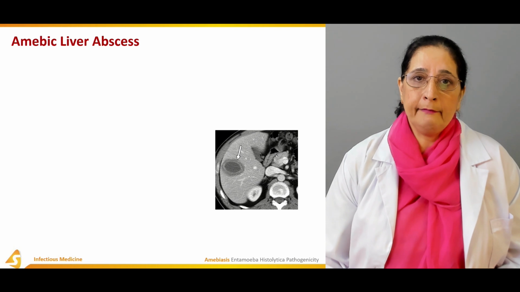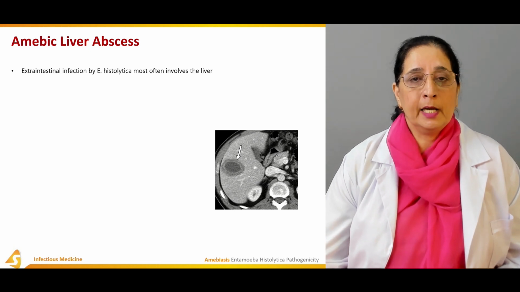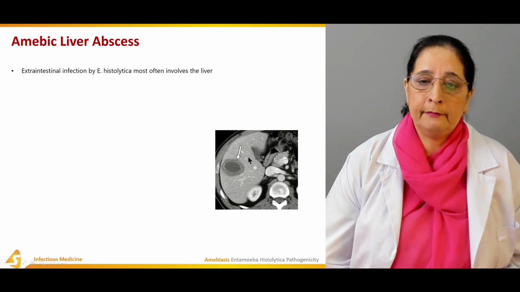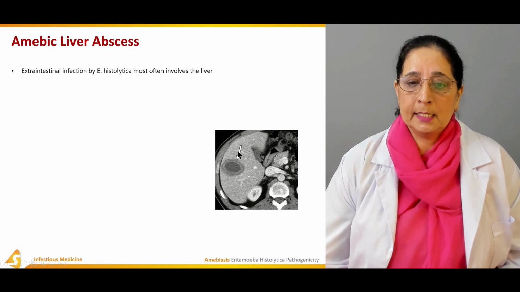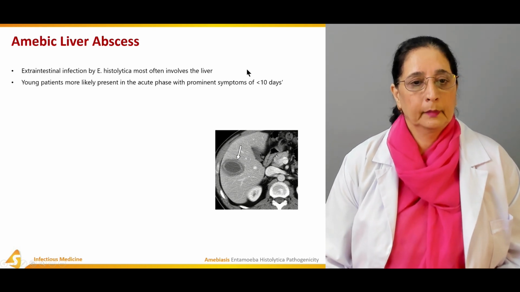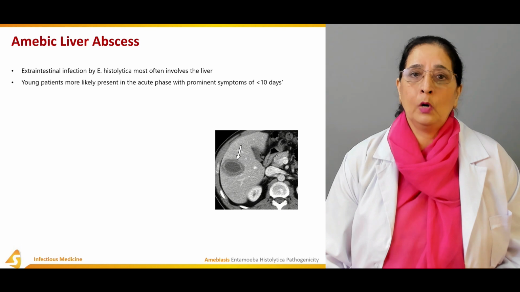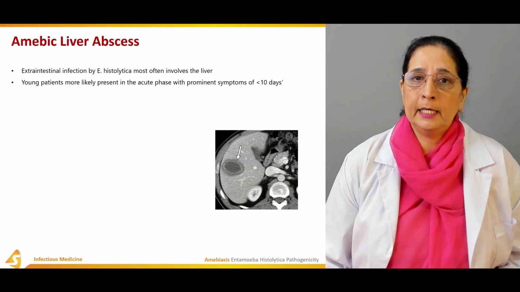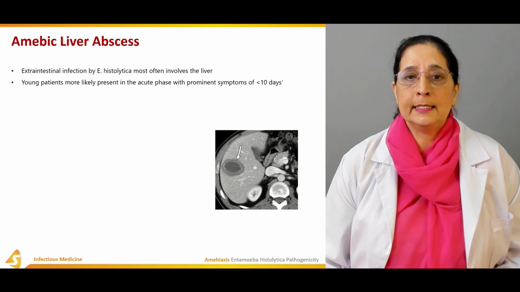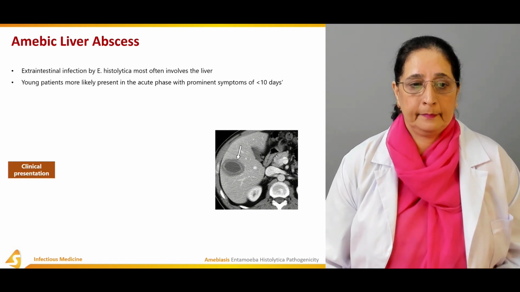Now, amebic liver abscess, an extraintestinal infection, most often involves the liver. You can see the abscess present in the liver. Young patients more likely present in the acute phase with prominent symptoms of less than 10 days.